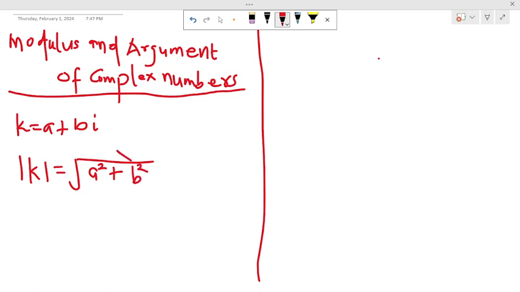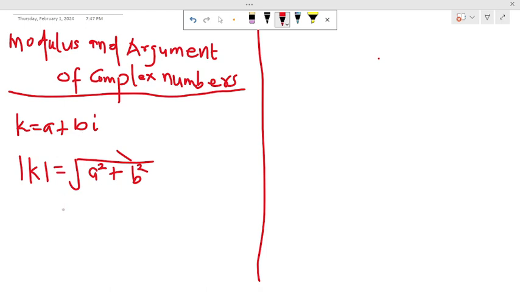In this case, you don't add the i to the square of b. No, you just use the real number part of the imaginary part. So the real number part is the b.